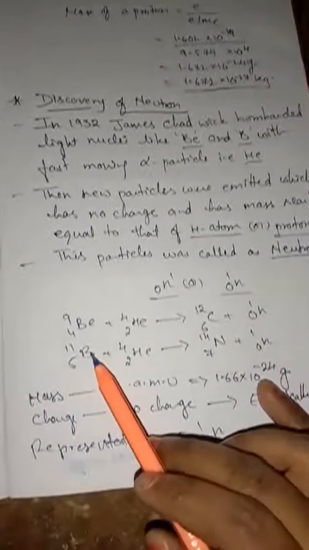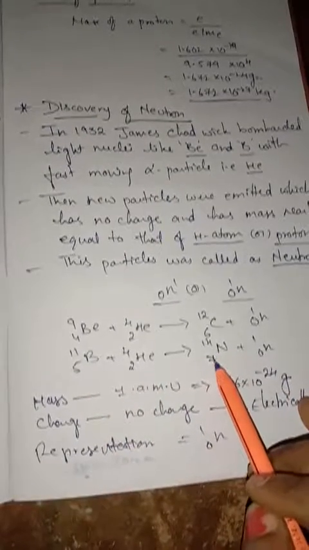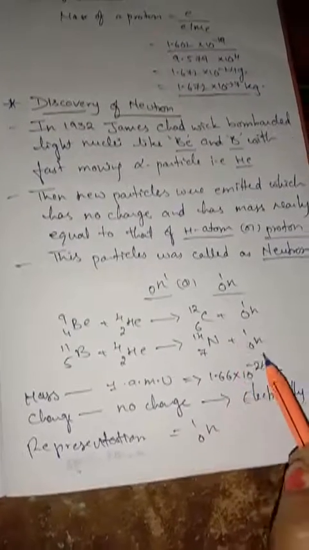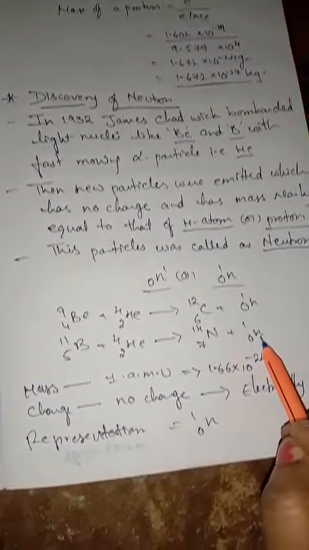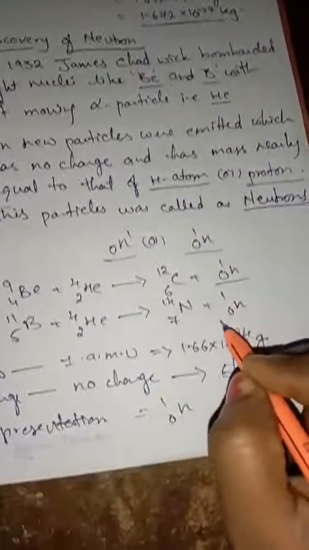Next, he took boron and again bombarded it with helium. 5 plus 2 is 7, so he got nitrogen with mass 14, along with a neutron. So these are the new particles he got when he bombarded light nuclei like beryllium and boron with helium.